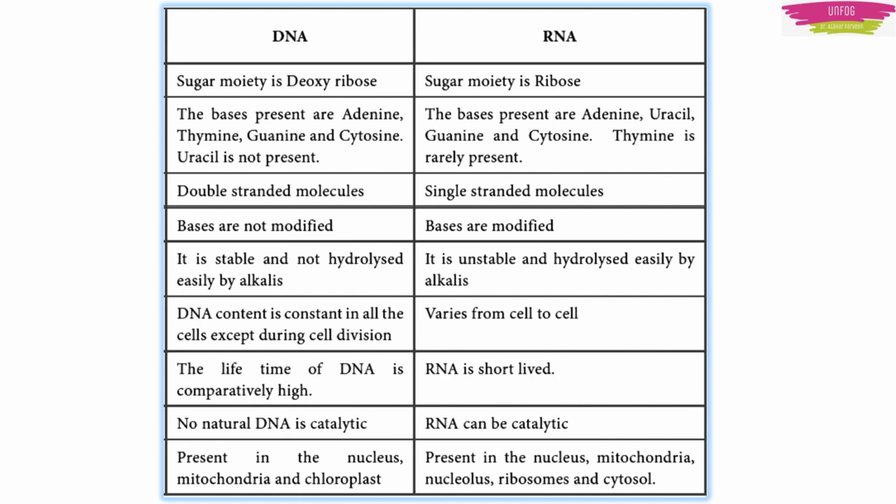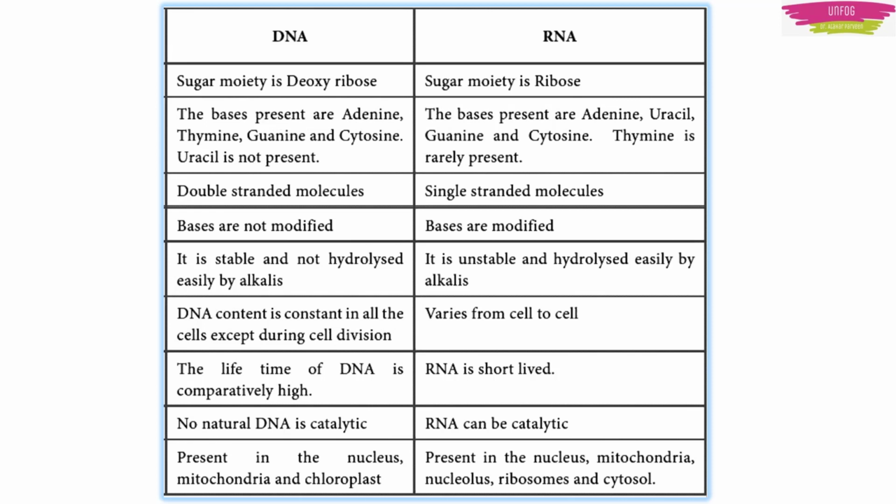Thymine is rarely present. DNA is a double-stranded molecule, whereas RNA is a single-stranded molecule, as we have seen before in the pictures. The bases are not modified in DNA, but the bases are modified in RNA.